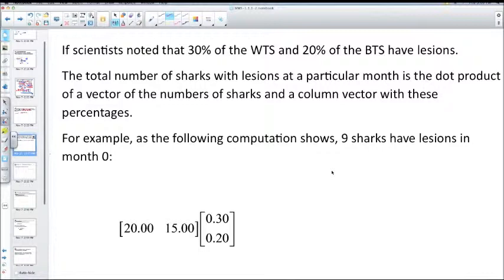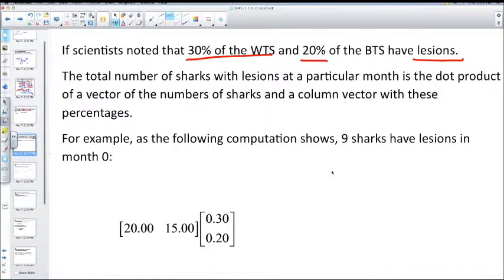Now, let's assume the scientists are also interested in the sharks who had lesions. And assume 30% of white tip sharks have lesions, and 20% of black tail sharks have lesions.